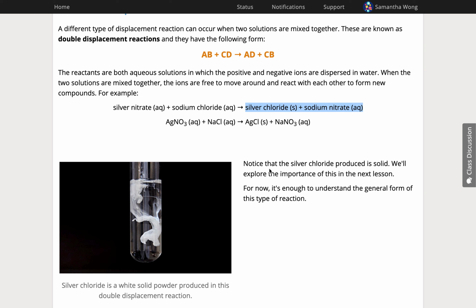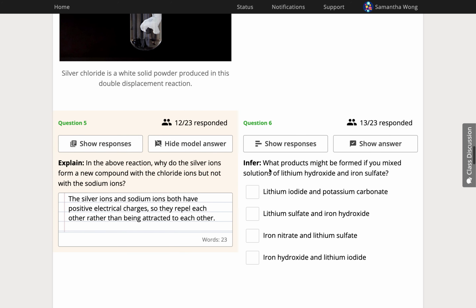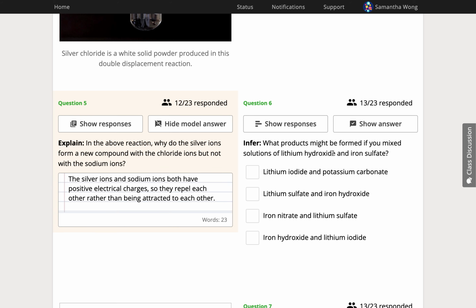Now, keeping that in mind, given this reaction, lithium hydroxide and iron sulfate, keep the first half of both, swap the second half, you end up with lithium sulfate plus iron hydroxide. Looking at the options that we have here, does that exist? It is this second one here. So we'll go ahead and select that option.